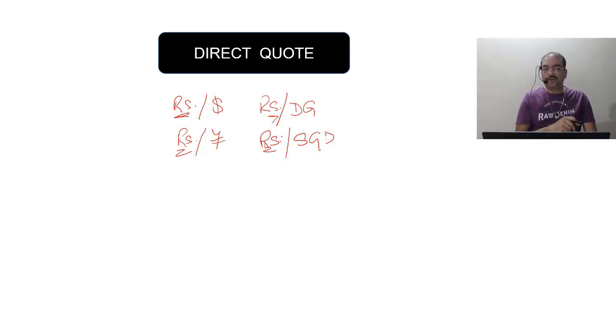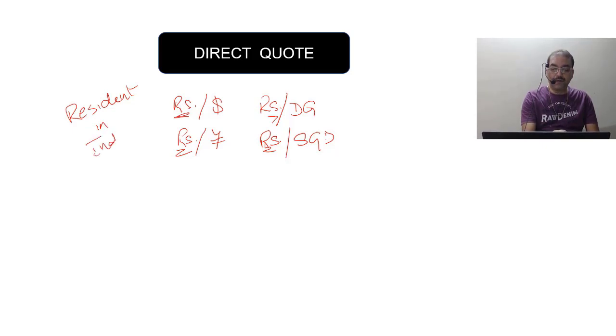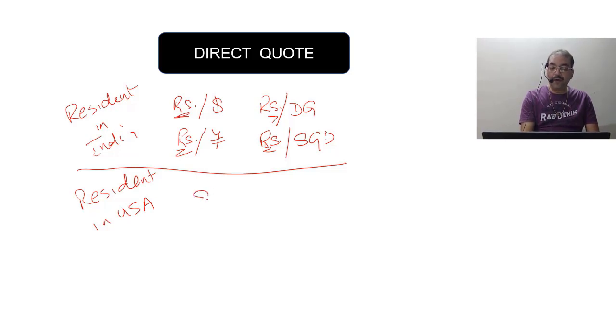But if you are told that the person is in USA, this is for a resident in India. But if he is a resident in USA, for him direct quote will be what?